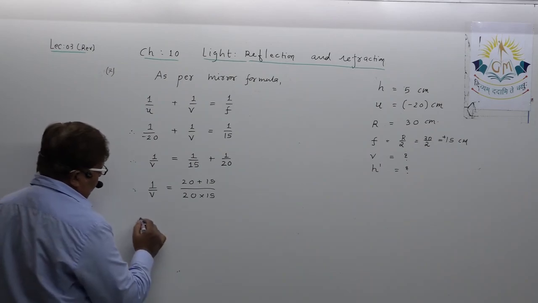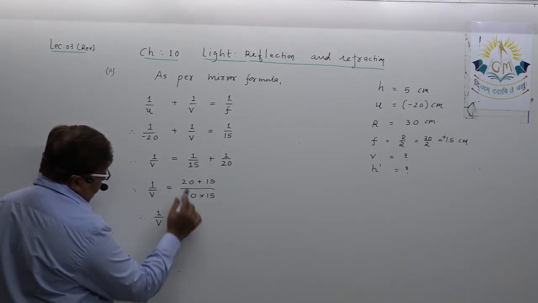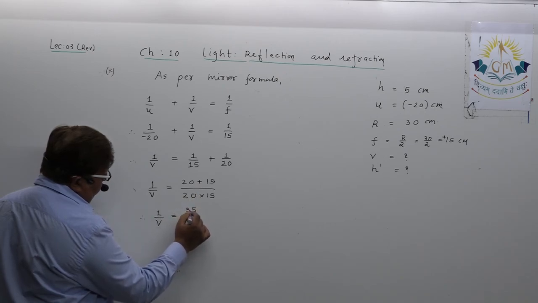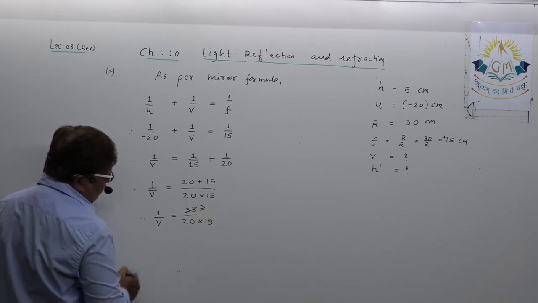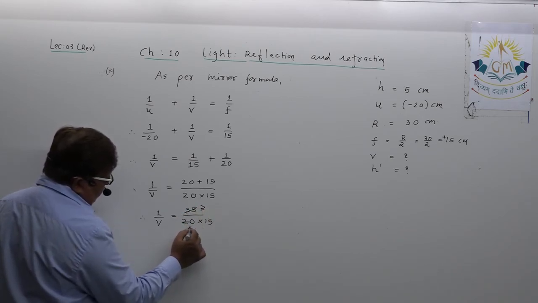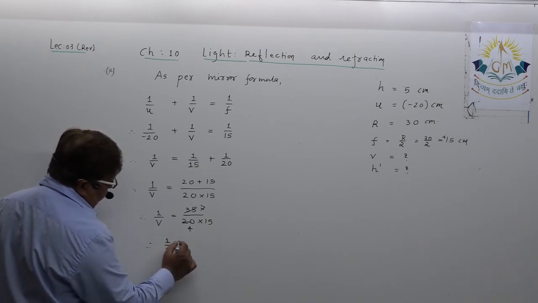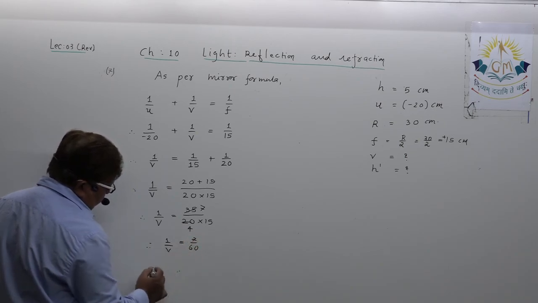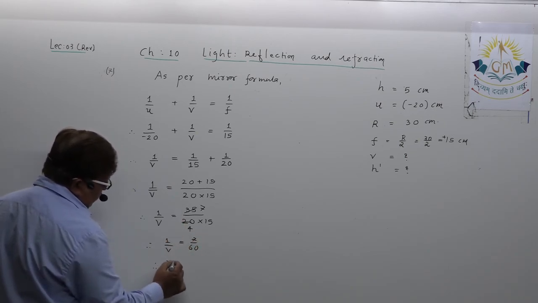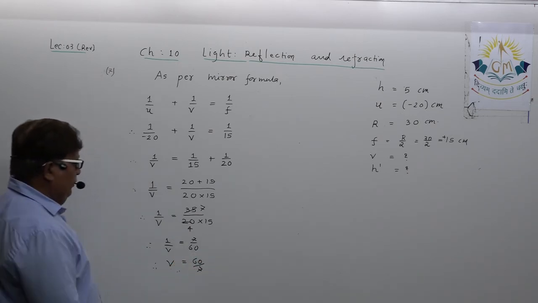So 1 upon V equals 35 upon 20 into 15. 5 7s are 35, 5 4s are 20. The only cancellation possible gives 7 upon 60. Just reciprocalize: V equals 60 upon 7.